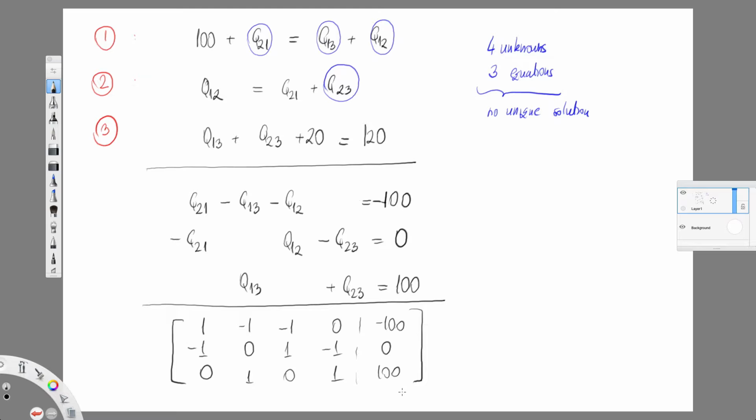So what we are used to doing in Gaussian elimination, even though I will not arrive at the unique solution, I can just proceed as I did. So basically, in order to get a 0 here, I can just sum up the first 2.